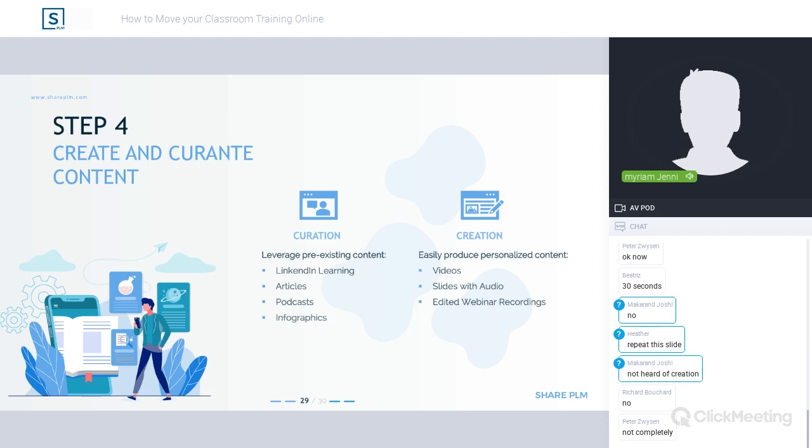All right, so I was saying, about the curation. When you come to this step of having to create content for your assignment, you don't have to start from scratch. So first, start with curation, which means try to leverage the pre-existing content that is out there.